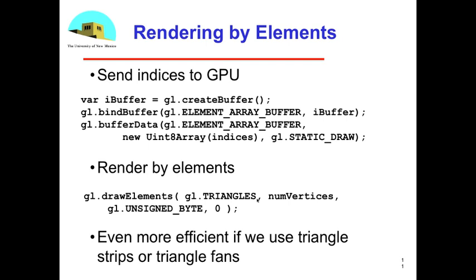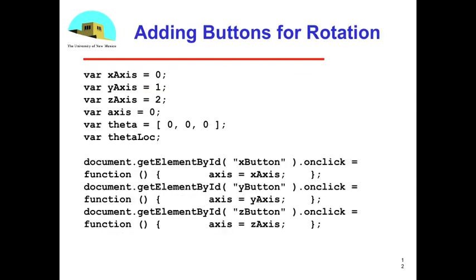Okay, now to finish up the example, let's just animate it. So what do we do to animate it? Well, as you saw in the example I showed you at the beginning, I had 3 buttons in there to just switch which axis you were rotating about. So here's the basic code to do that. Define variables for the X, Y, and Z axis. Then the axis variable is which one you're now rotating about. We'll start it off as rotation about the x-axis when we start the program.